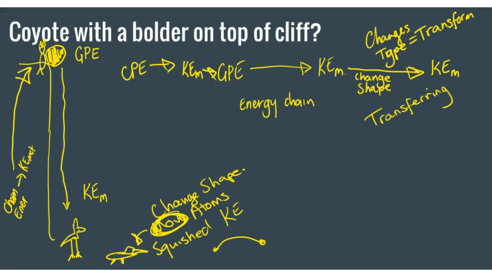So we can actually make this picture a little bit more detailed. Because here we've got some energy being transformed into heat because of the friction as it flies through the air, and sound. They're the main ones that waste energy everywhere around us. As it's falling, not all of that energy is turning into kinetic energy.